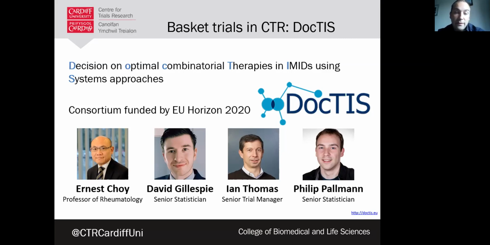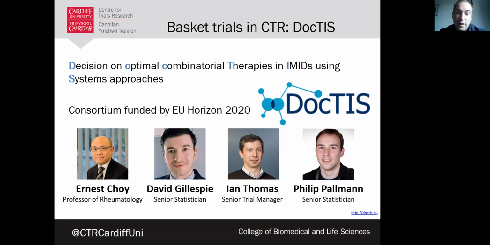The chief investigator is Professor Ernst Join, School of Medicine here in Cardiff, and he will be running this trial in collaboration with Dave Gillespie and Ian Thomas, who just presented earlier in this session, and myself, and I'm sure other colleagues from CTR will join the team as we move along.